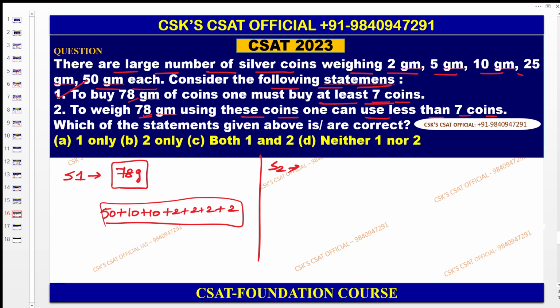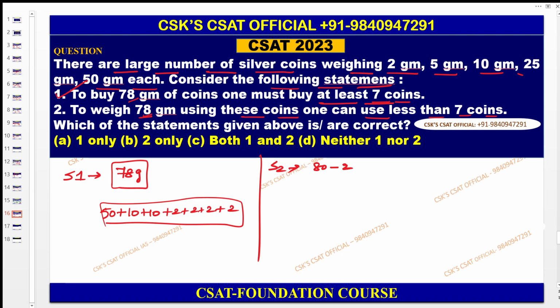Weigh only, using these coins. Yes, we can use 80 minus 2. So weigh only, right? This side you can put 80, this side you can put 2. Therefore 78. So like this you can do.